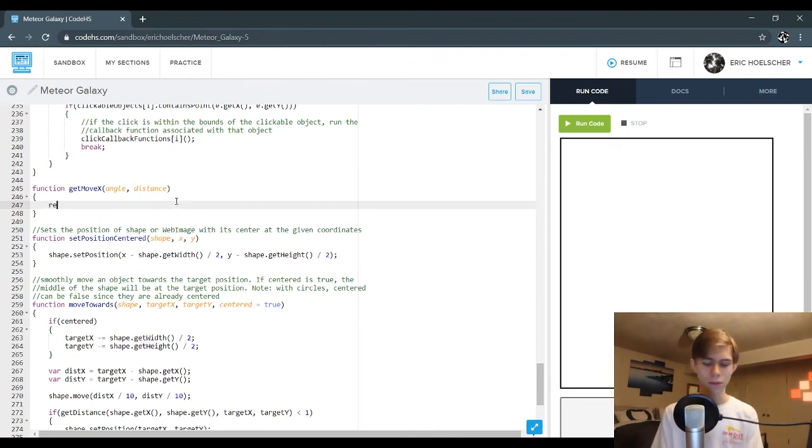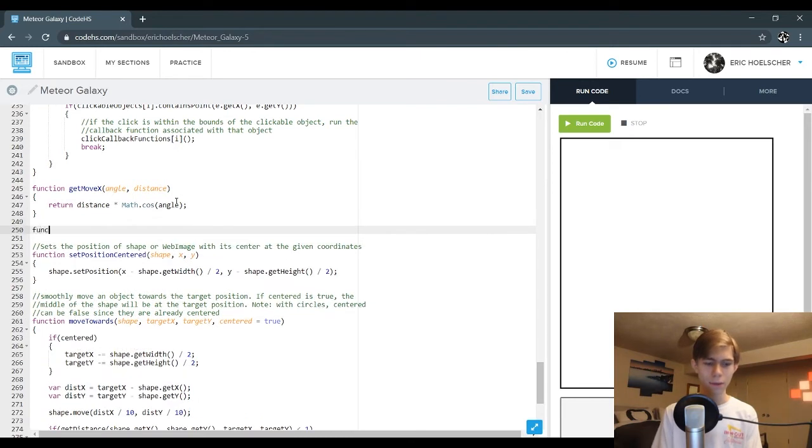So I can just write a return statement, and we can just do the math right here. We're going to do distance times, and then for x, it's the cosine, and it should be Math.cos to access the cosine function of the Math class. So Math.cos of angle. And then for getMoveY, it's going to also take in an angle and a distance.